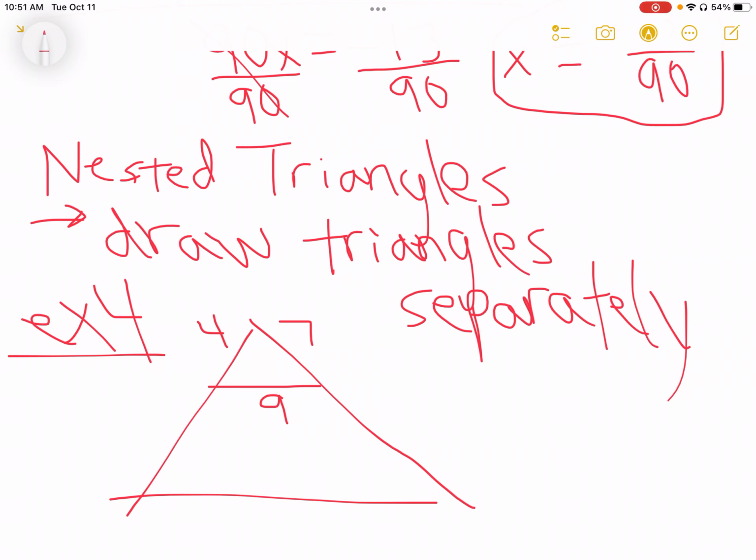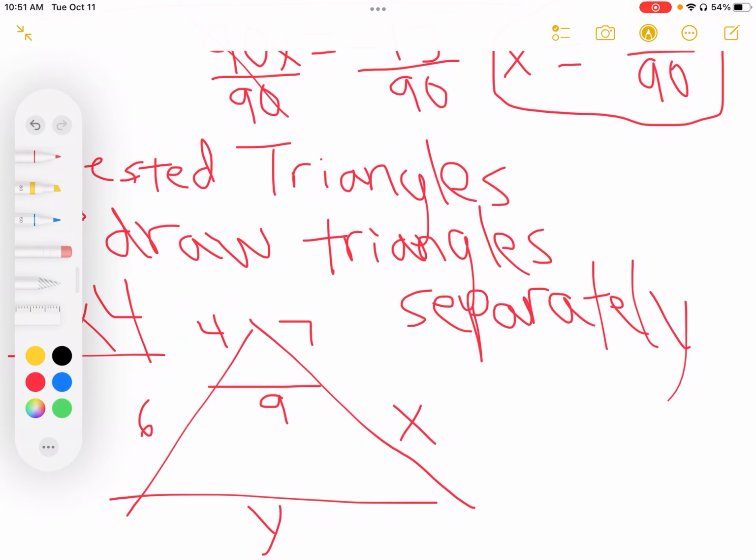And then they said the bottom here was y. They said this part over here was x, and this part over here was 6. Pardon my sloppy drawing with my pencil here, but let me clean this up a little bit.